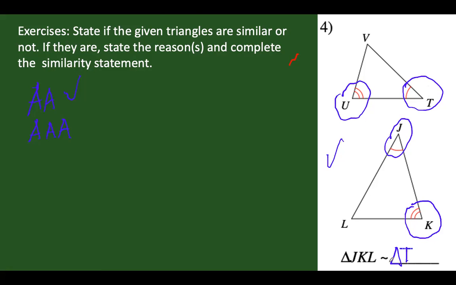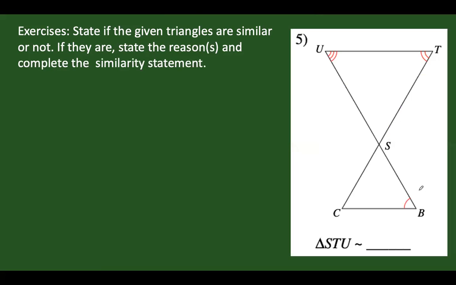Angle K corresponds to angle U, and of course, none other than V: TUV. So triangle JKL is similar to triangle TUV. So these two triangles are similar. That's so simple, right?